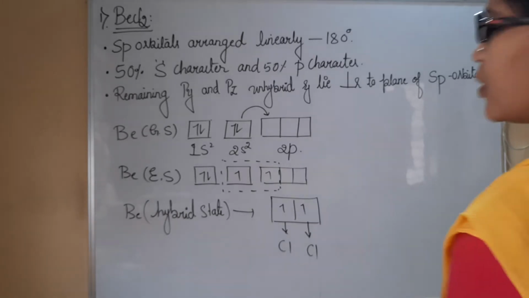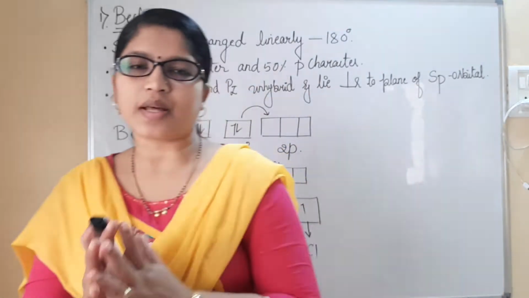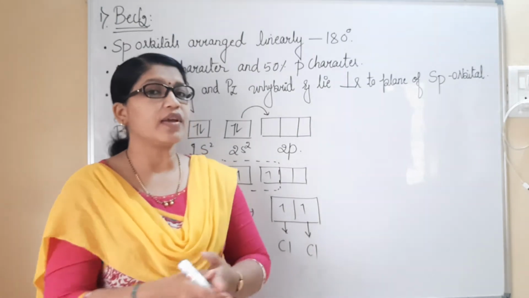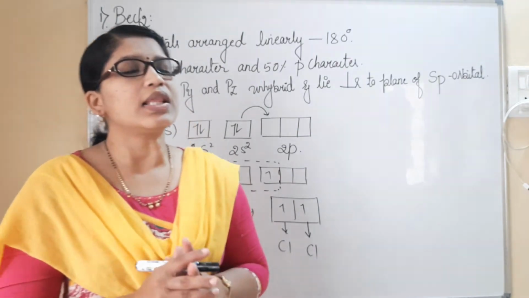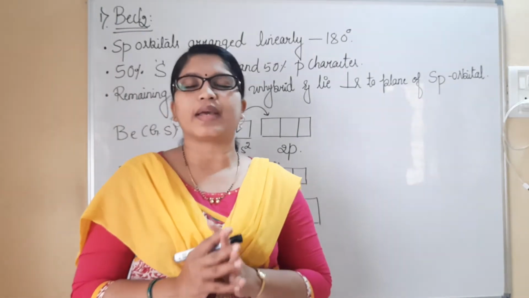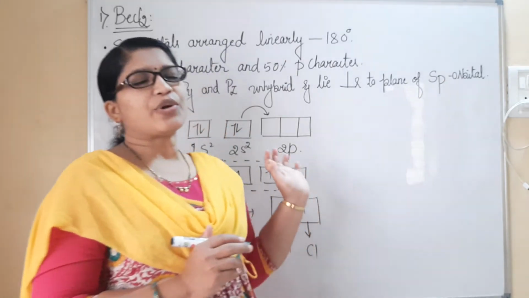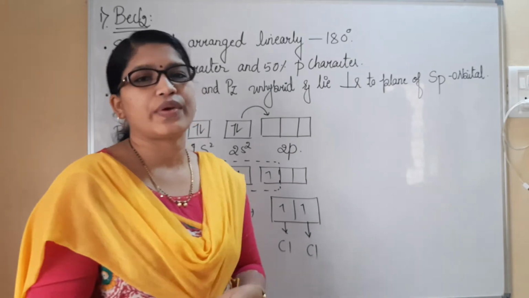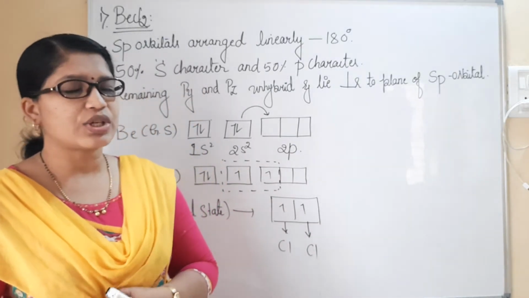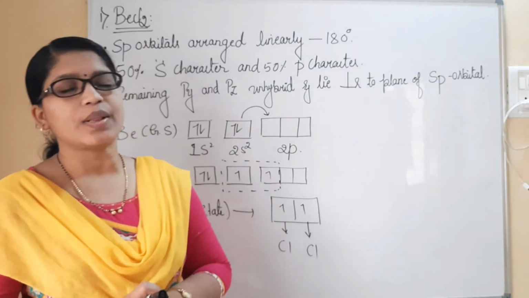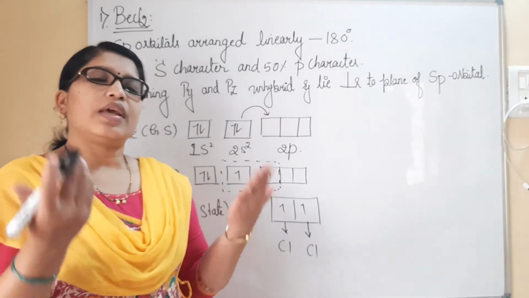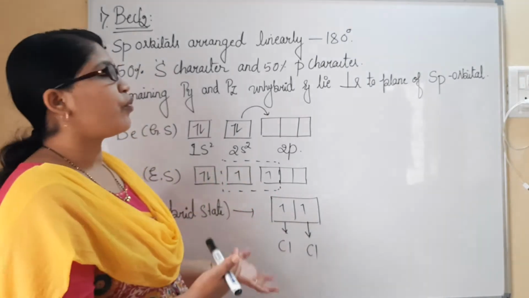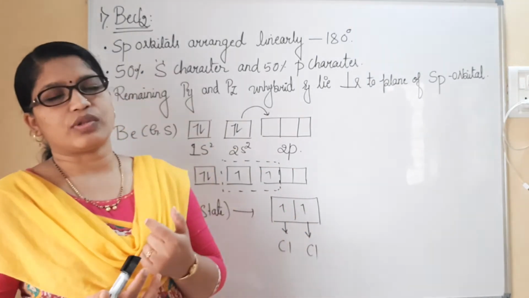Okay, dear students, as I told you, the hybridization definition part and the features. We will understand the things in detail with the help of examples. This BeCl2, beryllium chloride example, we also considered in the case of VSEPR theory, valence shell electron pair repulsion theory. There you have already considered it. Why consider it here also?